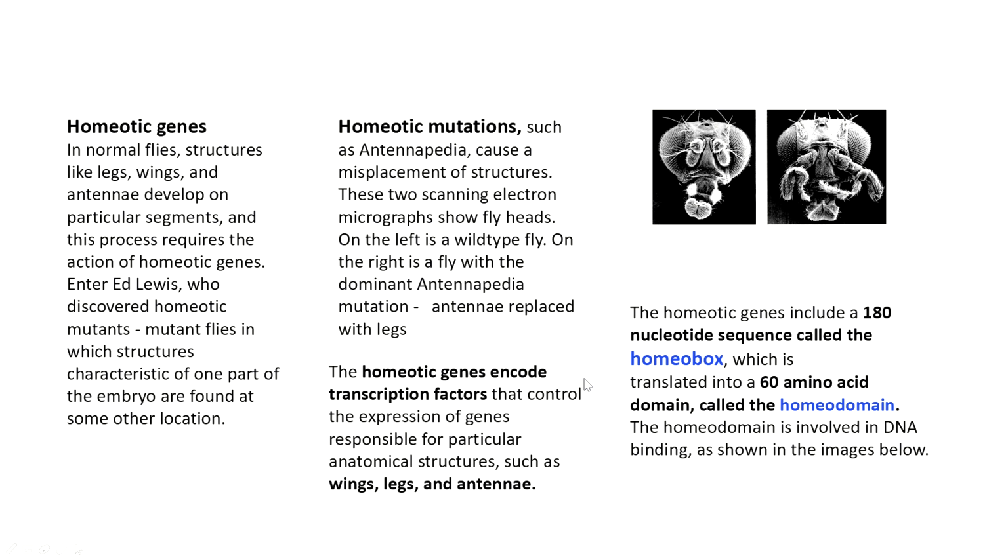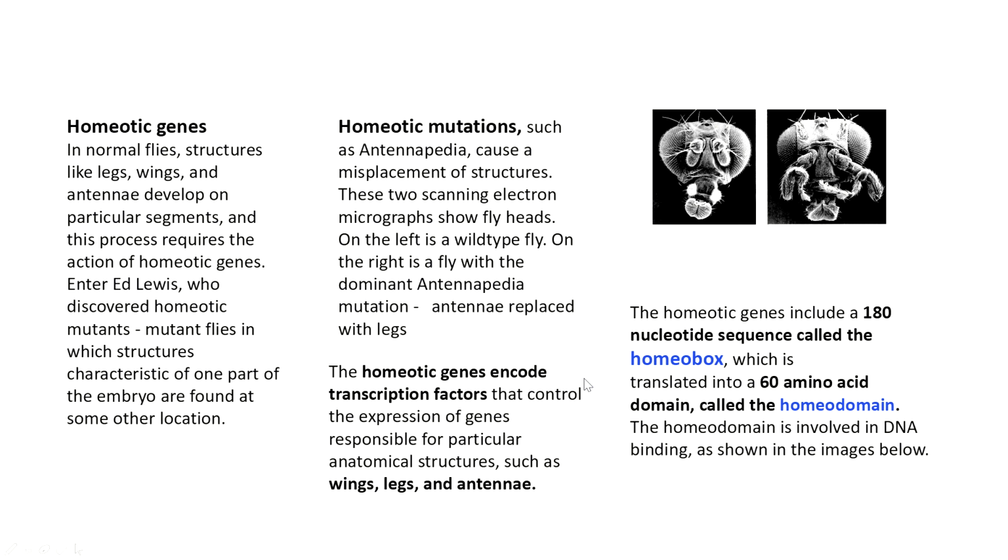What is the relation between the 180 nucleotide homeobox and the 60 amino acid homeodomain? How many triplet codons are present in the 180 nucleotide sequence? A triplet codon is necessary for representing one amino acid.